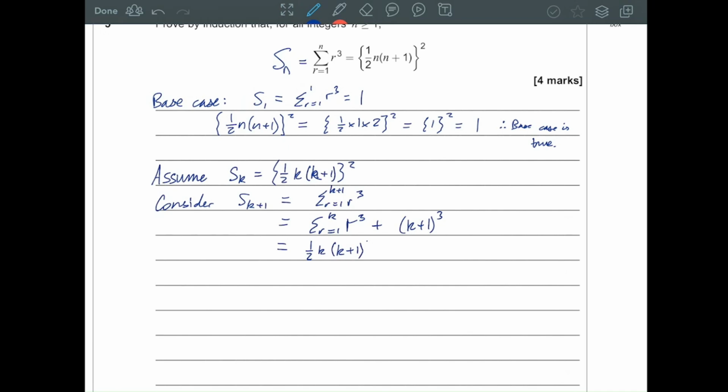And I'm just debating with myself whether I want to have that in its expanded form or keep the squared out. I think I want this in its slightly expanded form, which I am also going to put up here as well, because I'm anticipating some common factors to be expanded out. So that's by the inductive hypothesis.